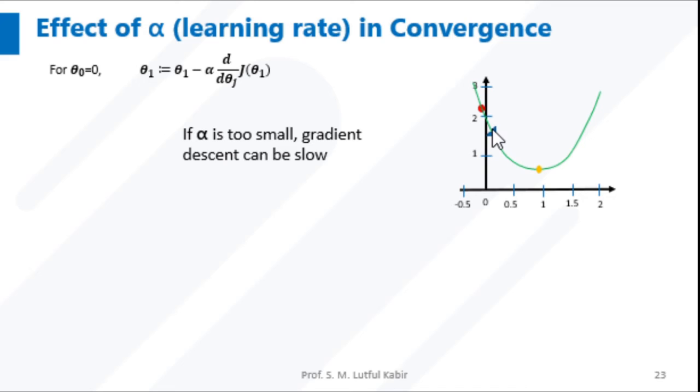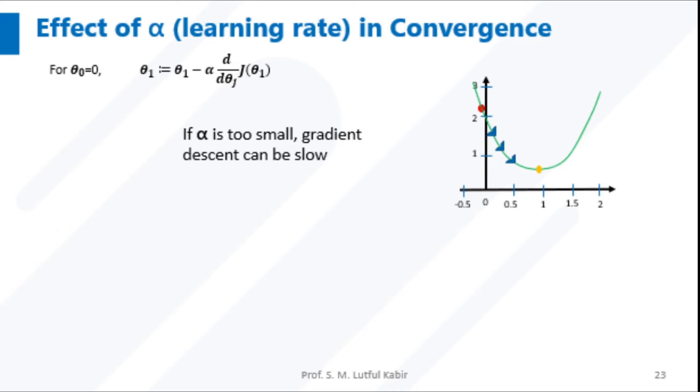The step will be very small, we call it a baby step. And if you go further, there will be another baby step, and so it will advance in this manner.